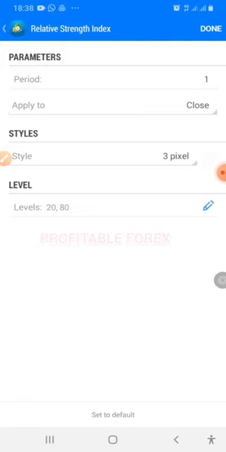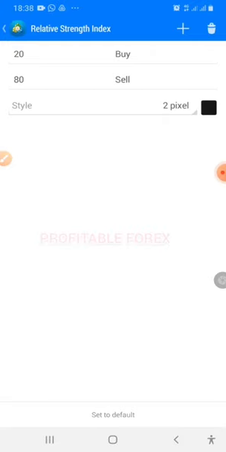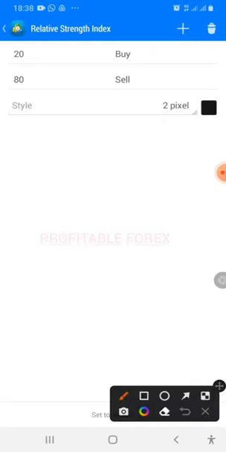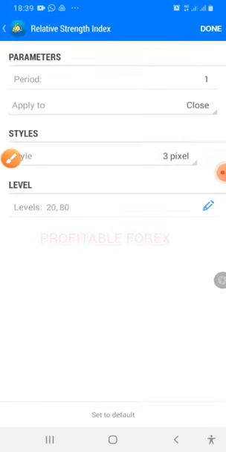Then the levels, we have level 20 and level 80, and level 20 is the buy region. When it's at level 20, you should know that you are supposed to buy, and when it's at level 80, you should know you are supposed to sell. The style is 2 pixel and the color is black. Of course, you can use any color of your choice, and then you click on done.